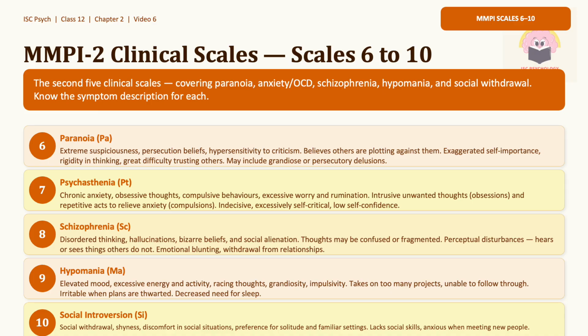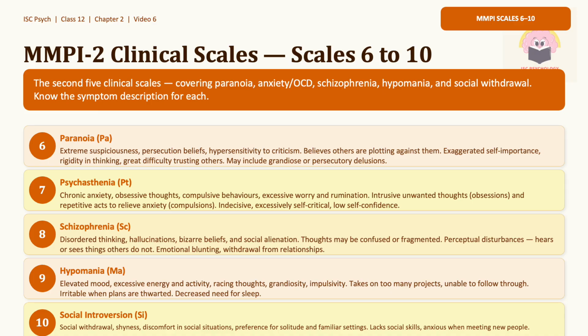Scale 6, Paranoia, denoted by PA. This scale measures paranoid thinking, the tendency to be suspicious, guarded, and to feel persecuted or unfairly treated. A person scoring high on this scale tends to be extremely suspicious of others' motives. They believe that people are plotting against them, talking about them behind their back, or deliberately trying to harm them.